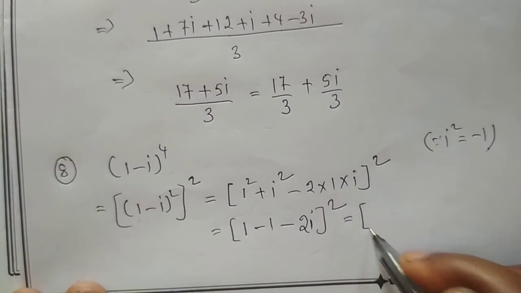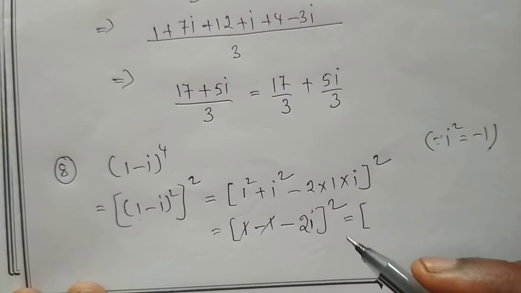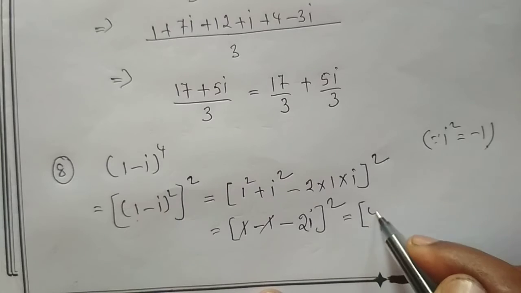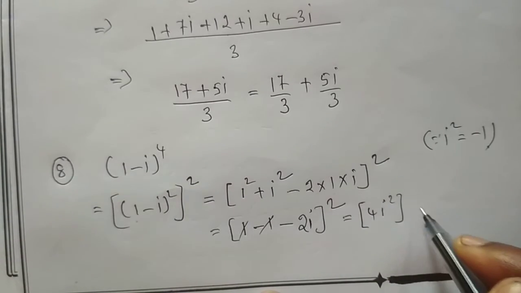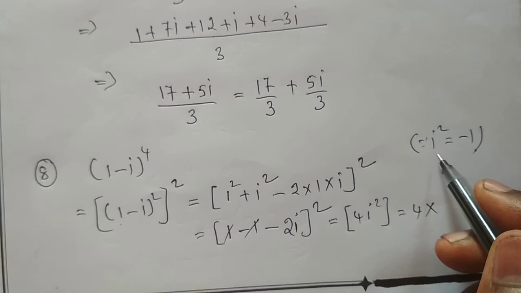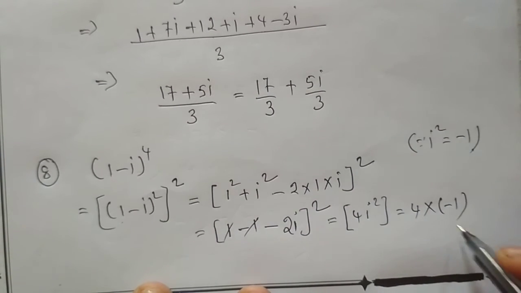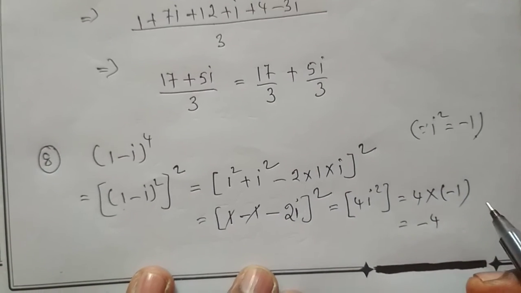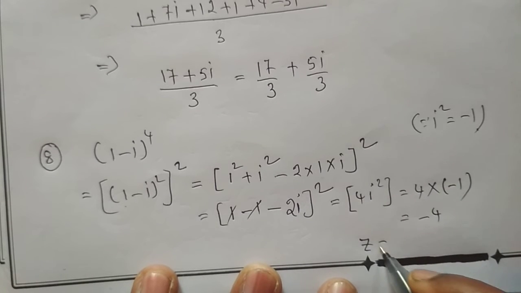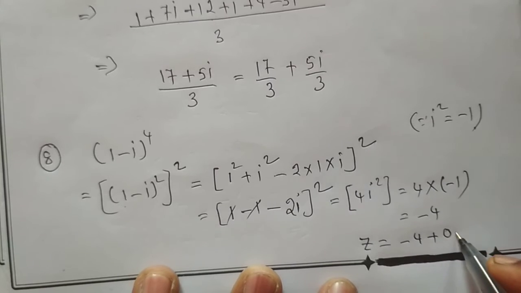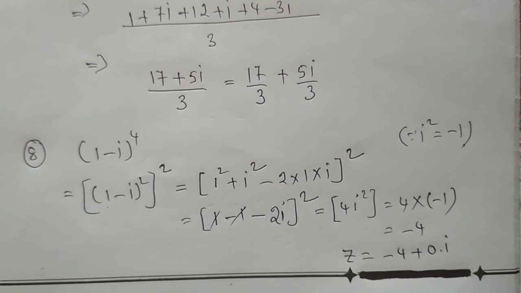So here minus 1 plus 1 is cancelled, remaining minus 2i whole square, that means 4i square, that equals 4 into minus 1, which is minus 4. We can write the standard form of complex number as z equals minus 4 plus 0 into i.